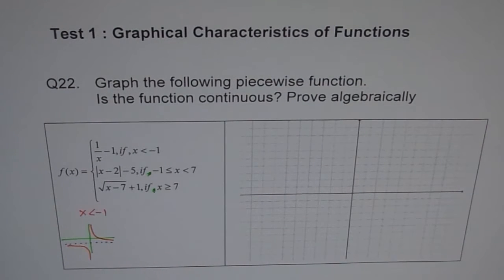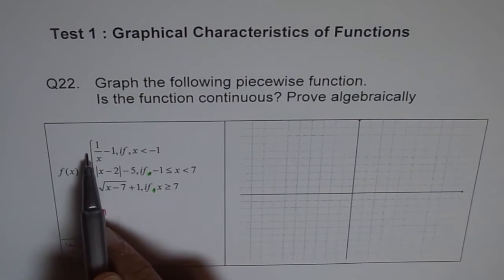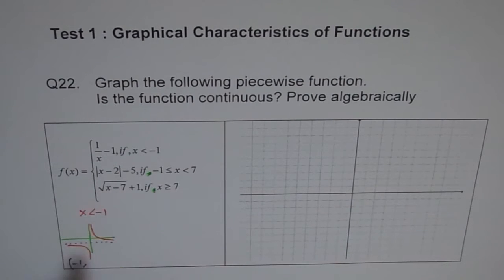But at present, we are interested in x less than minus 1. So at minus 1, what value do we have? So let's write down the value at minus 1 here. If I put minus 1 here, I have 1 over minus 1, which will give me minus 1. Minus 1 minus 1 is minus 2.